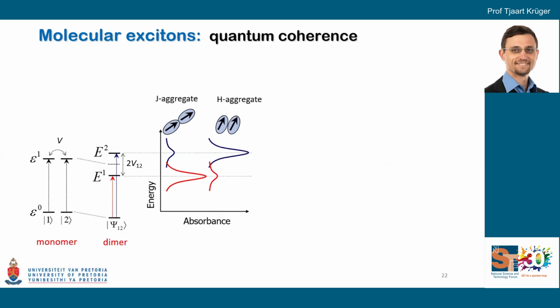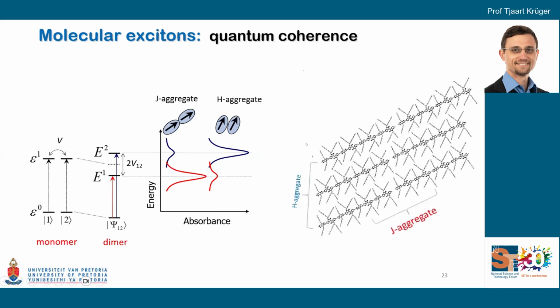Okay, and there are two types of pigment aggregates that we are dealing with, so-called J aggregates when you have this head-to-tail arrangement, and H aggregates when you have this sandwich arrangement. Okay, so here's an example of that. The stacking of the different polymers forming the H aggregates, and then the intramolecular couplings that is then forming a J aggregate.